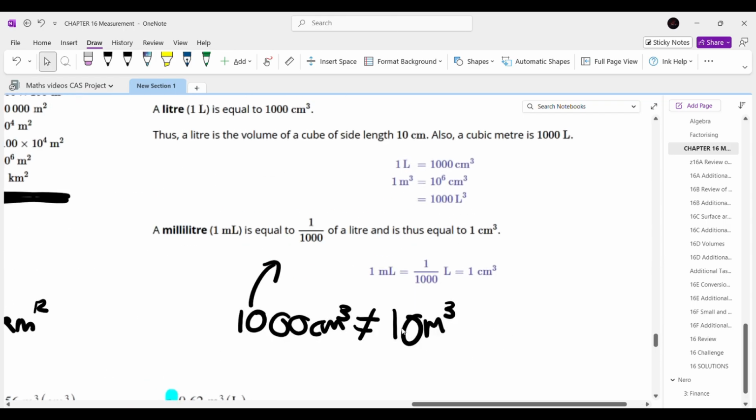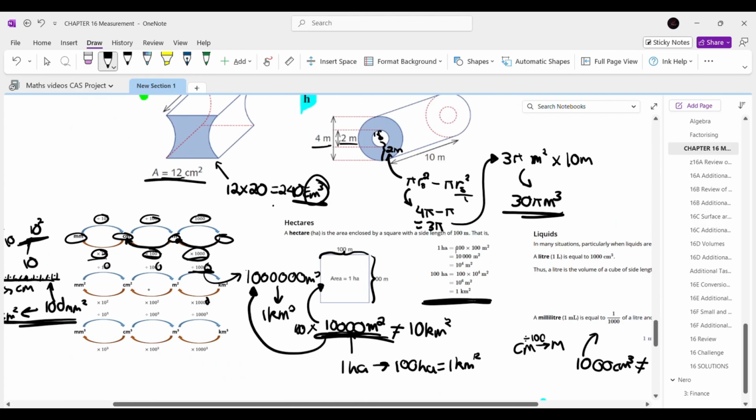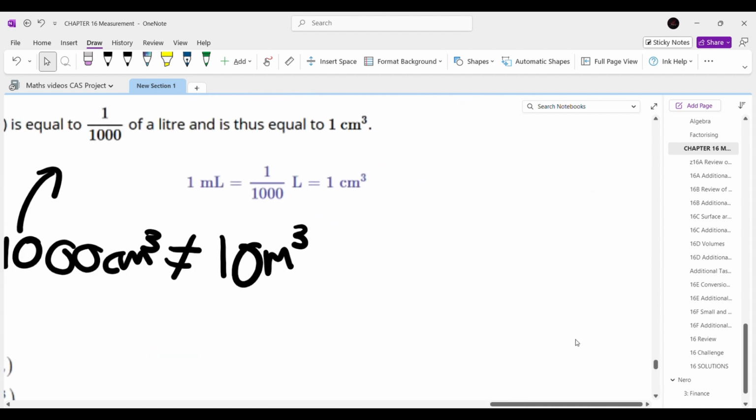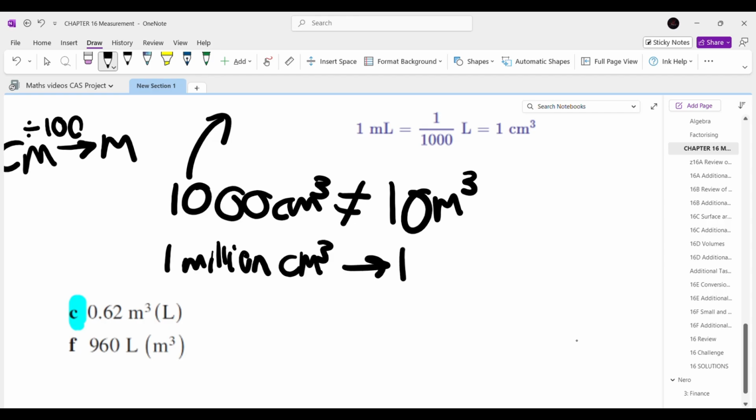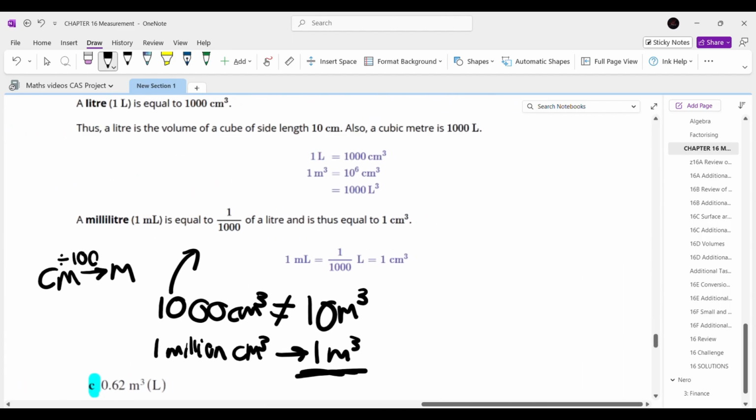You might think that, because centimeters to meters is dividing by 100, but remember, it's 100 cubed. So 100 cubed is actually a million. So there are actually 1 million cubic centimeters in 1 cubic meter of liquid.